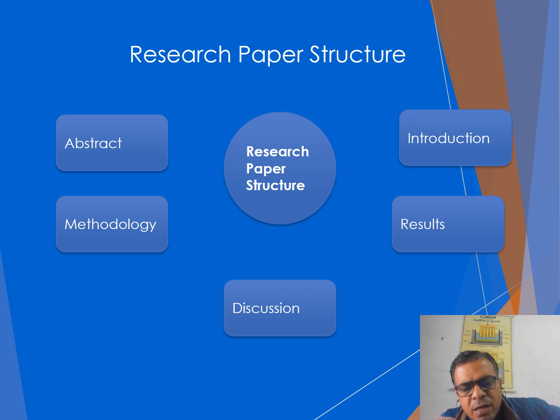After the methodology is the result. Result is the presentation of findings, using text, tables, or graphs. For example, plants exposed to sunlight show 30% more growth than those under artificial light.